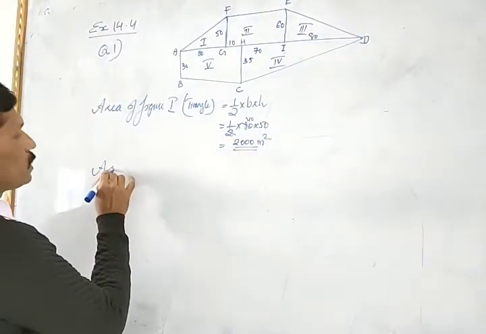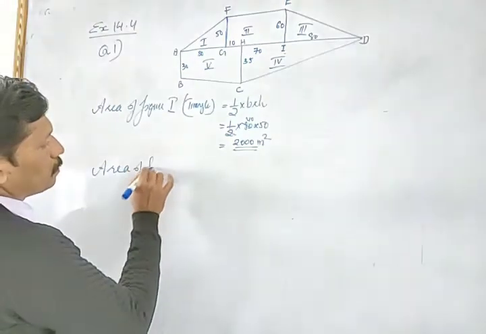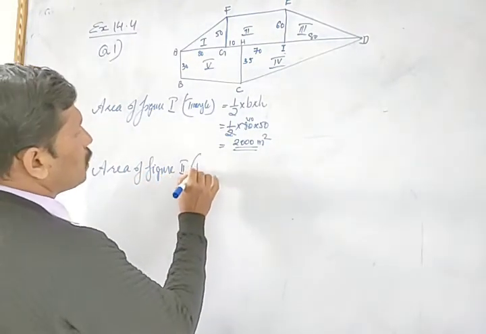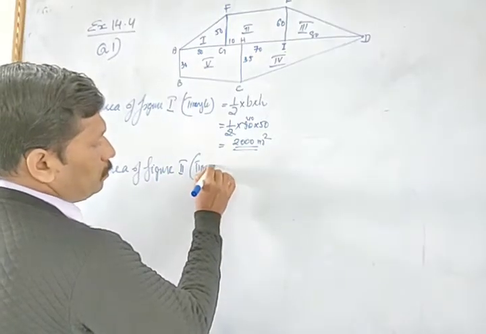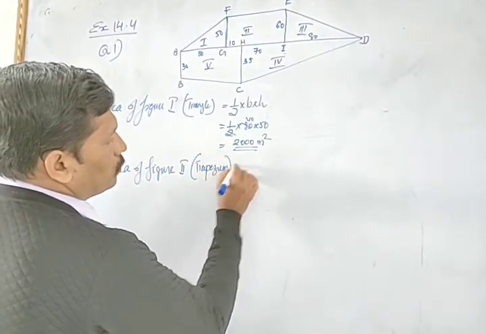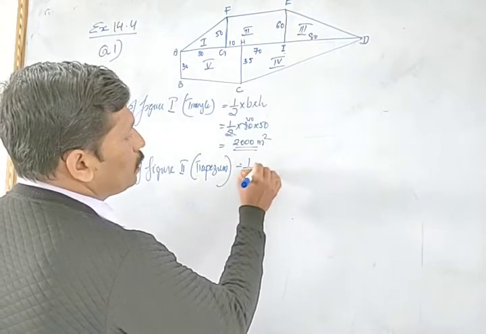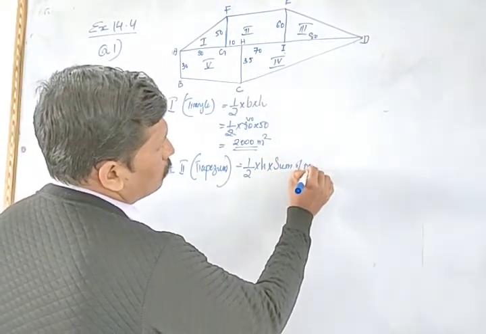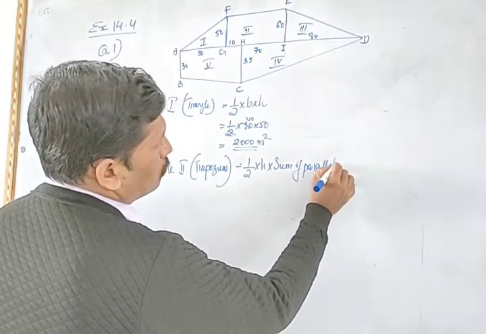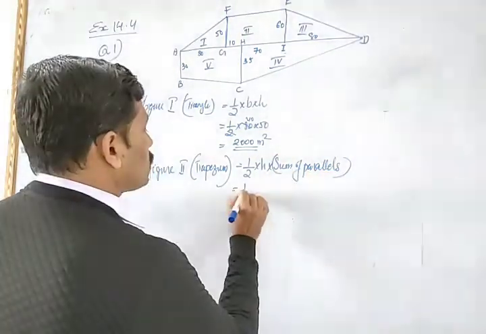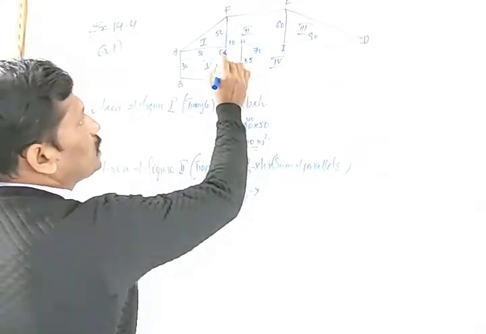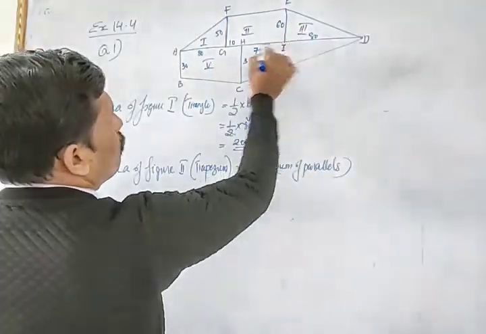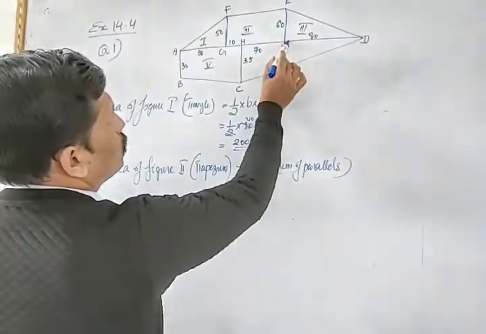Area of figure second. That's a trapezium. Trapezium area is half into height into sum of parallel sides. That means half into height. Height means what's the height from here to here? This trapezium second figure from here to here, from this point to this point.